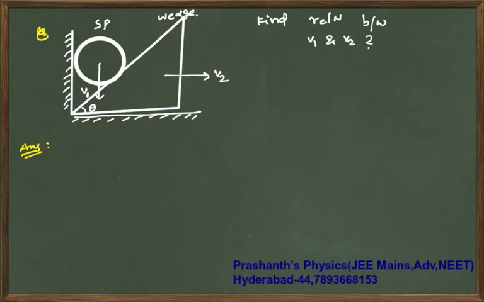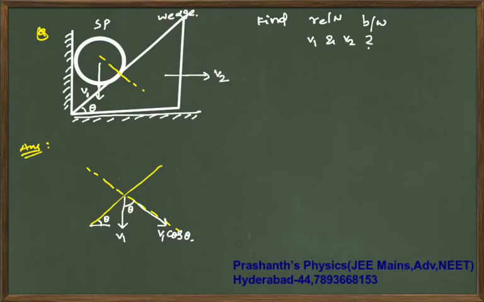Alright, so now common normal, it will be this way, right? So you have the surfaces like this. What is my logic? You are supposed to resolve your velocities along the direction of common normals. So the velocity component of this along this is v1 cos theta.